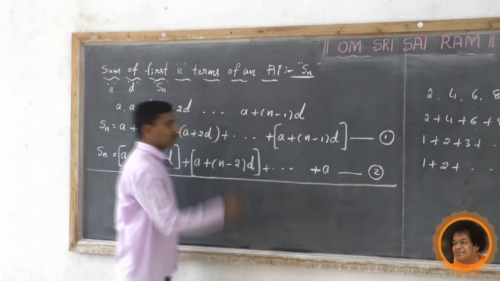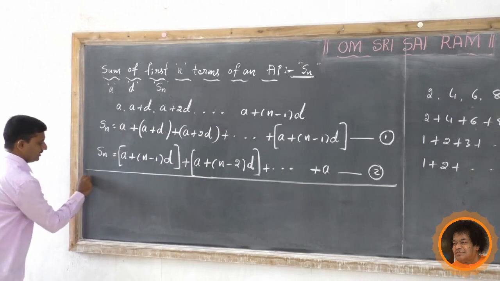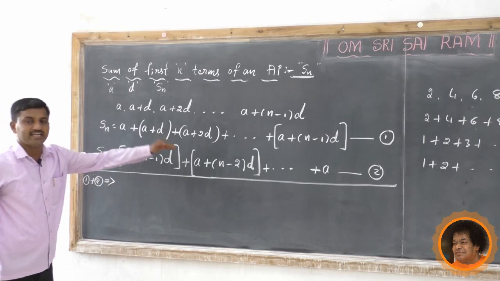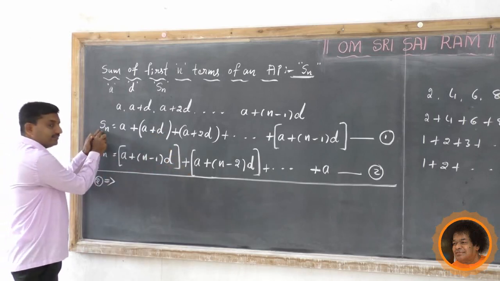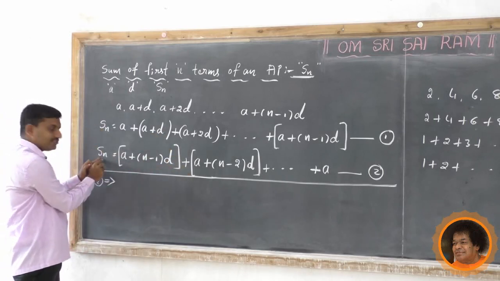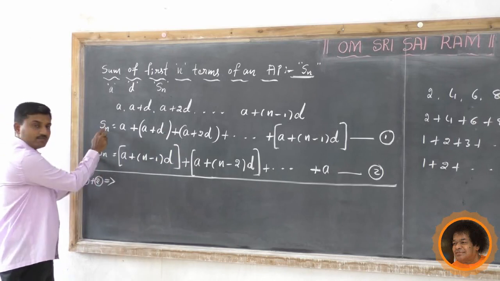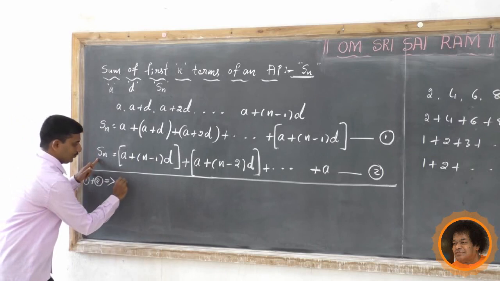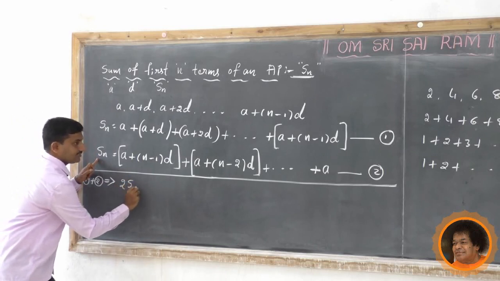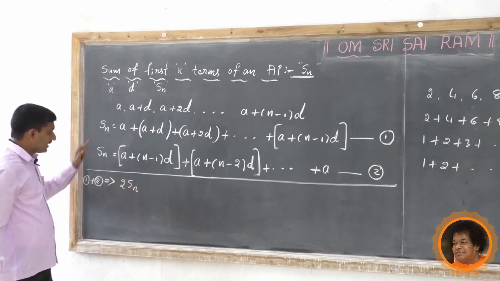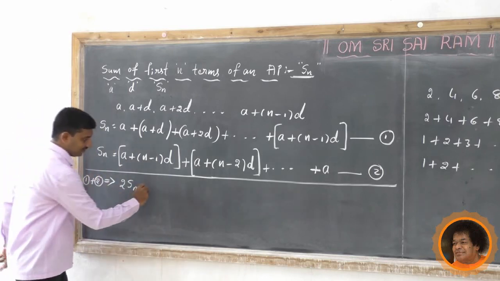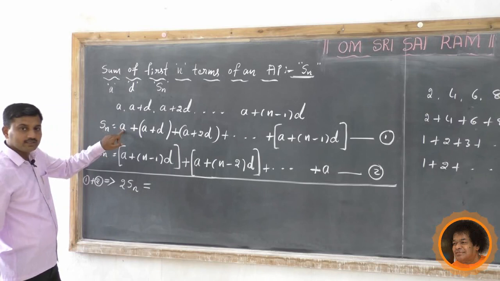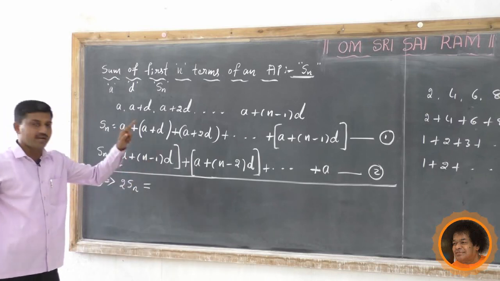Next, add equations 1 and 2. The corresponding terms are Sn and Sn. Now add the corresponding terms. Sn plus Sn is 2Sn, which is equal to the corresponding terms a plus n minus 1 into d.